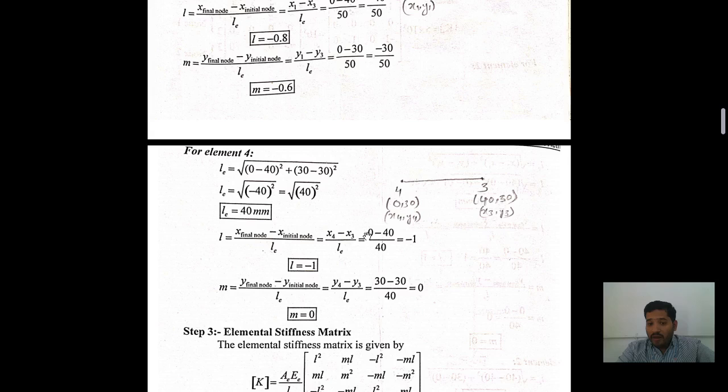First of all, the final node: (x4 minus x3) whole square plus (y4 minus y3) whole square. Clear?